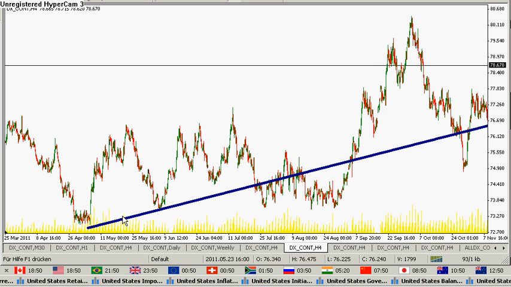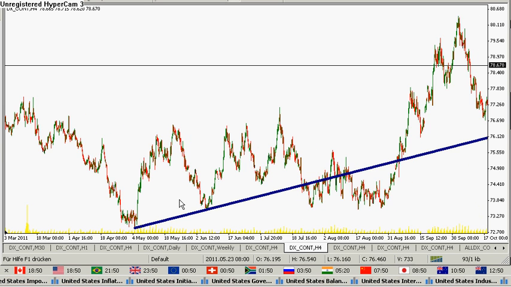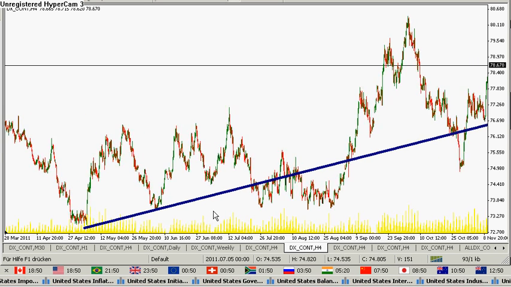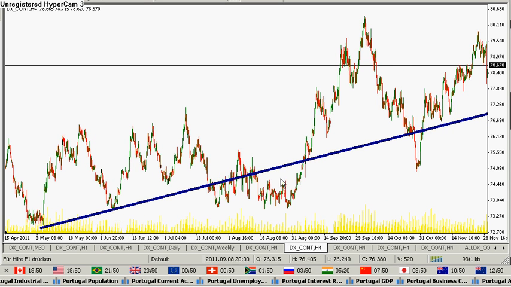If we go back, here we see in April and May, and even at the end of not last year, year before. Oh no, this is last year. Yes, that's the 4-hourly, of course. Since April and May, we've got this upside trend.